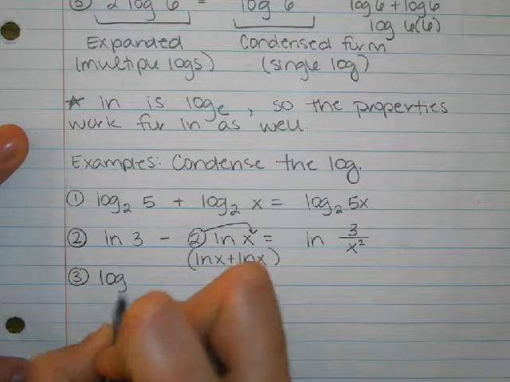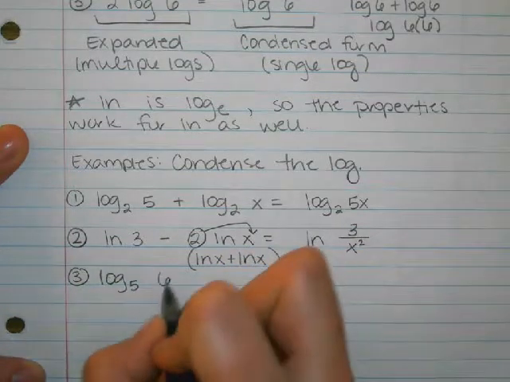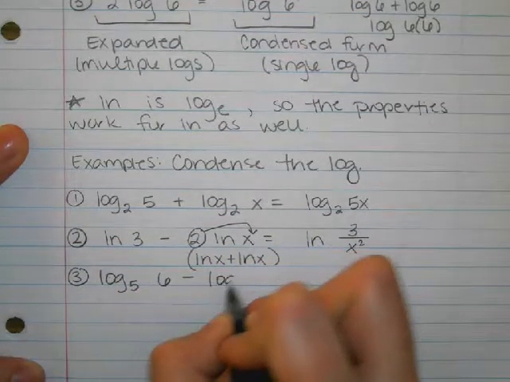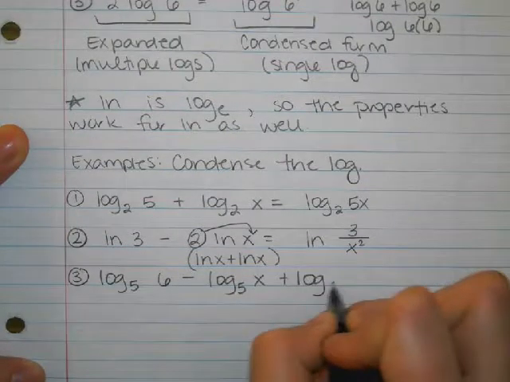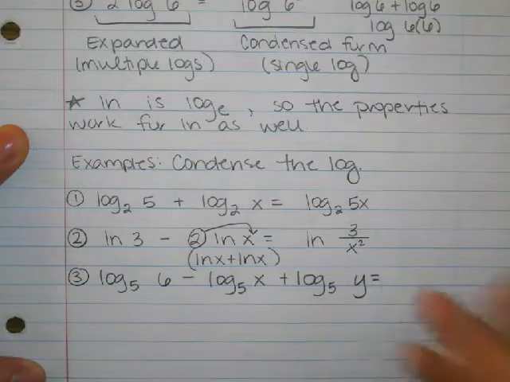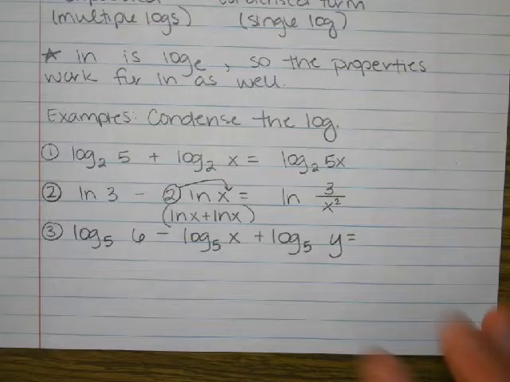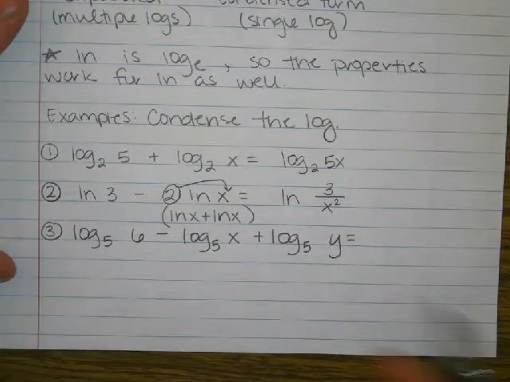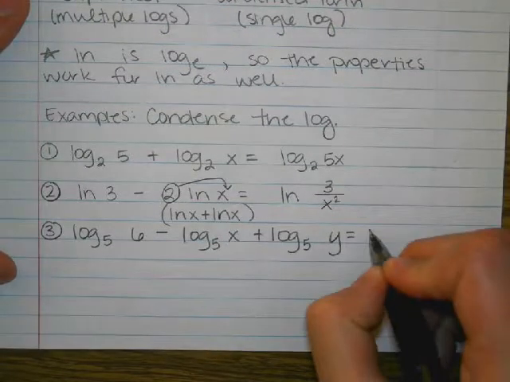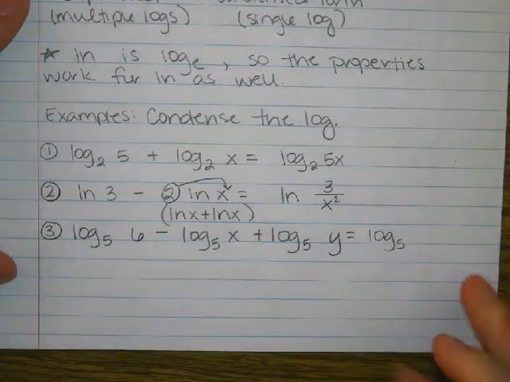Next, we're going to say log base 5 of 6 minus log base 5 of x plus log base 5 of y. So here, again, I'm noticing that all of these have the same base. So I've got log base 5.